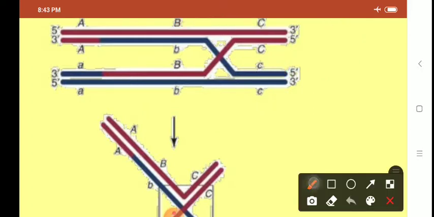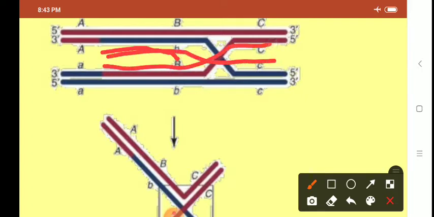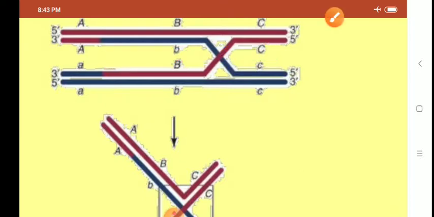What happens in the joint molecule? There was a cut here, and the strands have migrated towards each other. One of the strands has come here. So the two strands have exchanged themselves and a cross, or X-like molecule, is formed, and the two branches migrate.